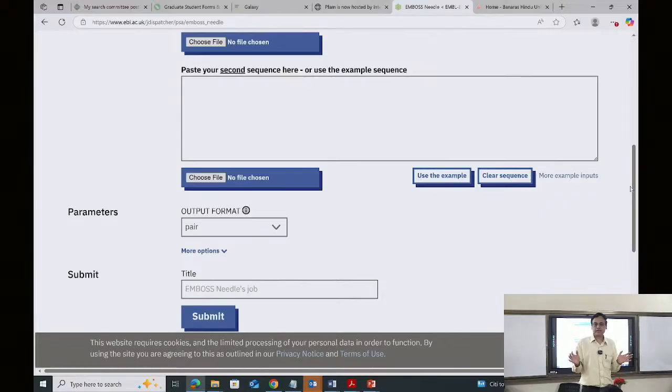Because you would want to compare the global alignment of these two proteins with the local alignment of these proteins, and also with BLAST alignment. BLAST is also local, but it is heuristic. These two alignment algorithms, the Needleman-Wunsch algorithm and Smith-Waterman algorithm, produce optimal alignments, the best alignments possible. Okay.